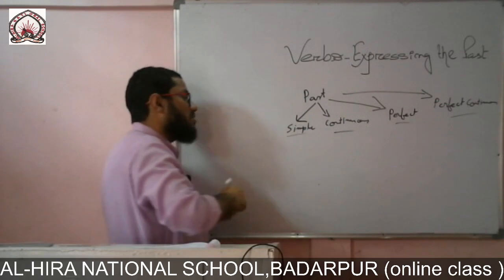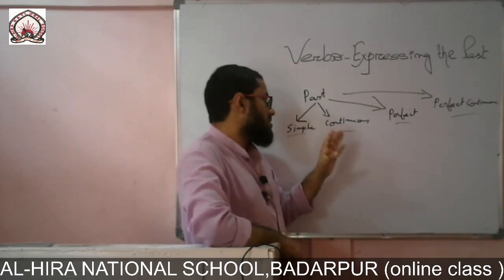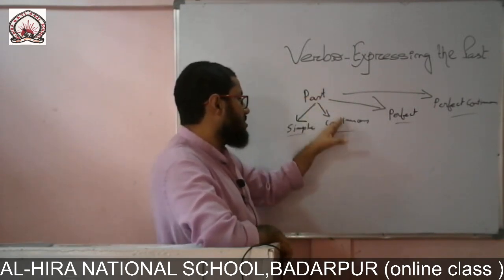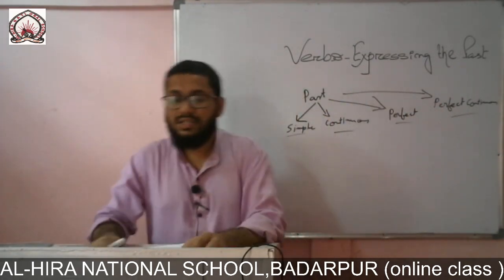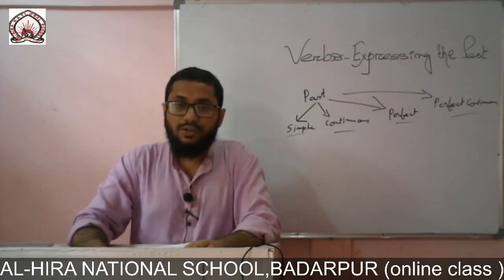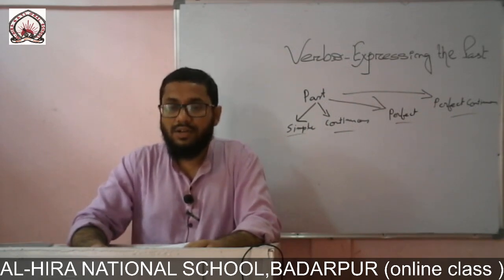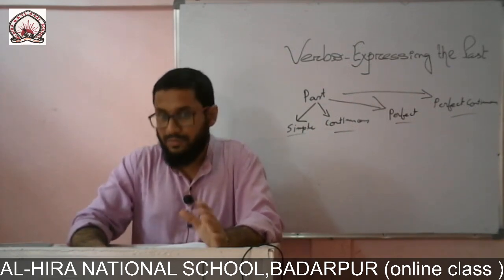These are the four forms of past tense. Past tense, that means simple past tense, past continuous, past perfect, past perfect continuous. These are the four forms. So we are to know how we can use the verbs according to these four forms.